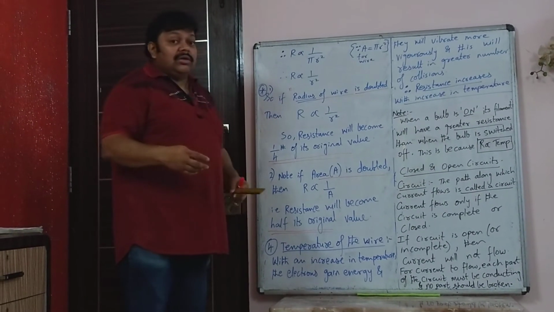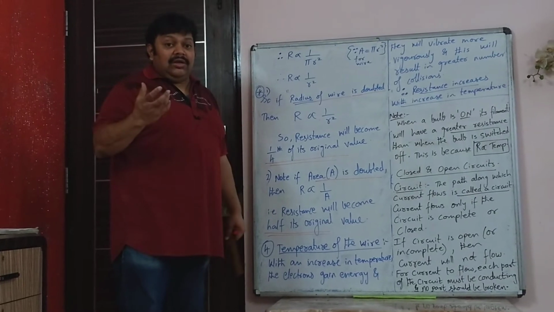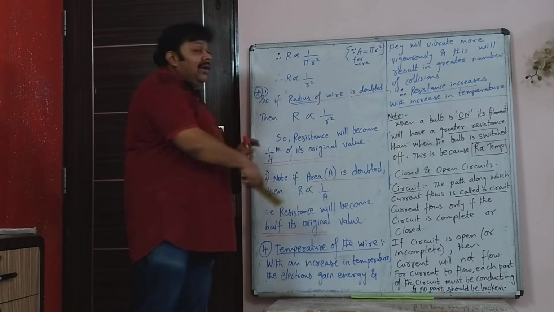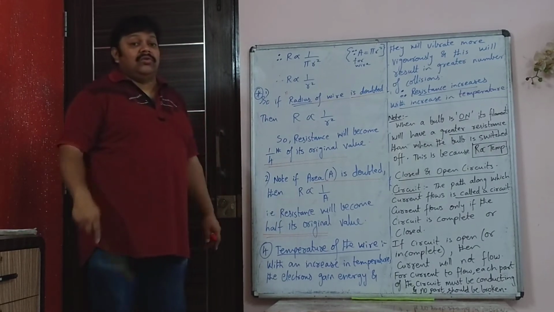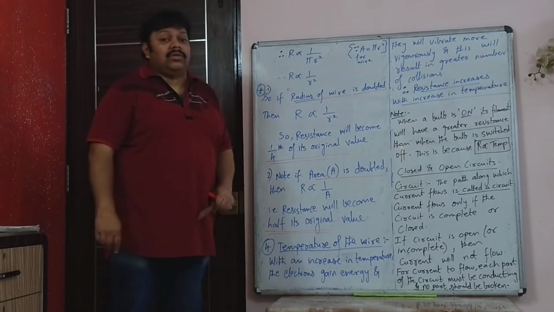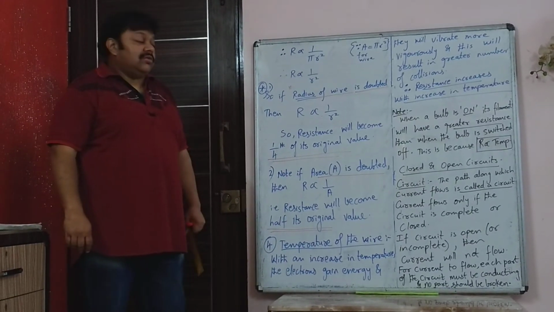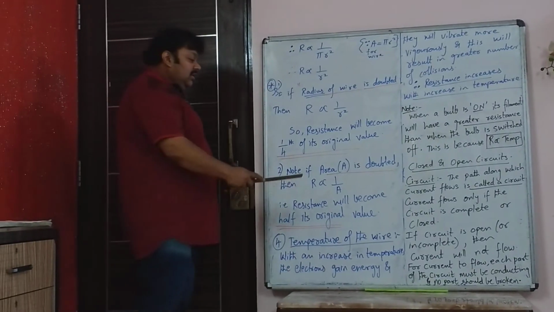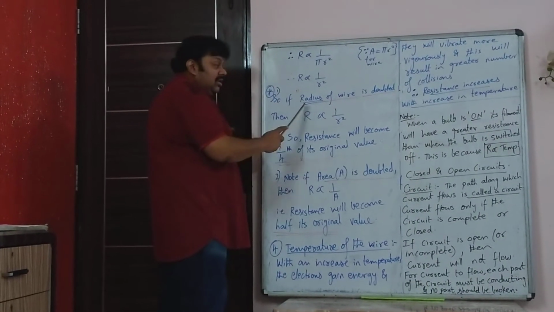When you increase the area, the resistance will of course decrease. But here it is radius squared, so 2r the whole squared will become 4r squared, so it will become 1/4 the original resistance.